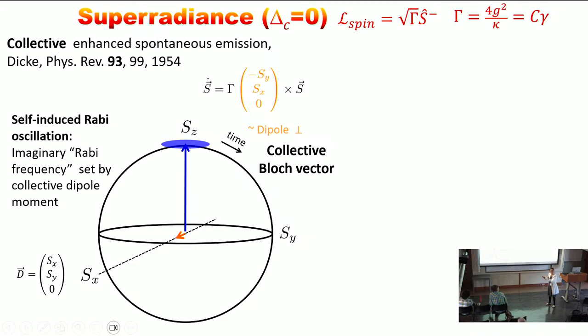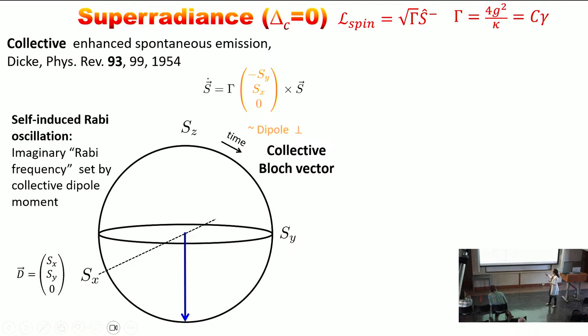Then this starts the superradiant process. You have a net rotation around the X direction, and the rate of the rotation is not fixed. The rate changes because the dipole moment starts to increase. The rate is going to be maximum when you reach the equator, and then you continue down until you go to the ground state, where there is no more dynamics.